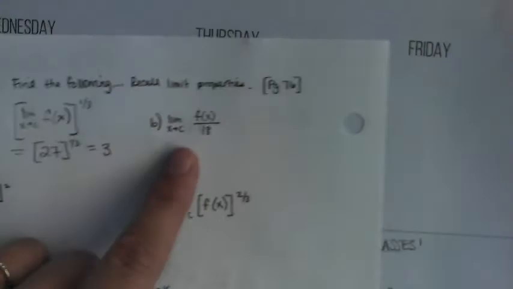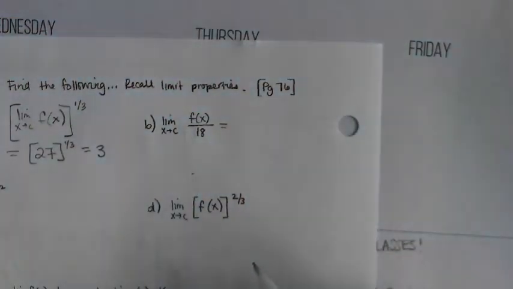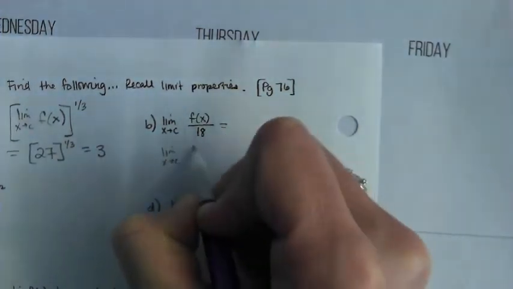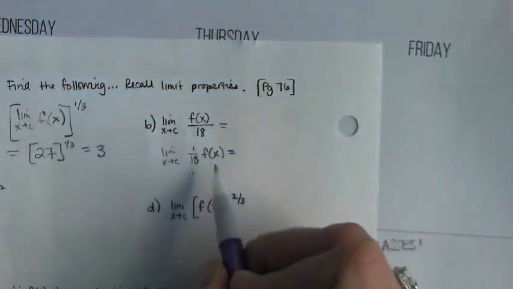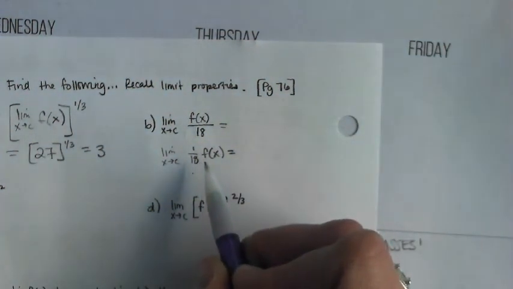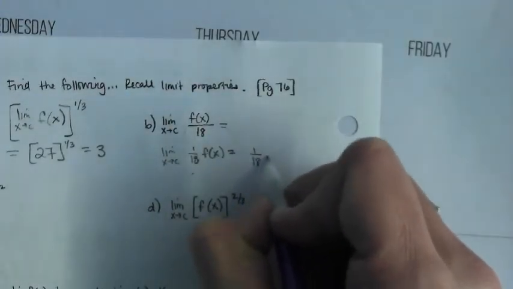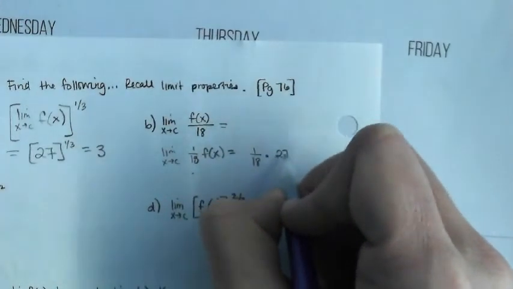In B, it's the division property. Well, you could kind of look at this both ways. You could look at this also as a coefficient of 1/18. So if you wanted to use the first property down there, you could look at it this way and let it just be 1/18 times your f of x limit, which is 27.